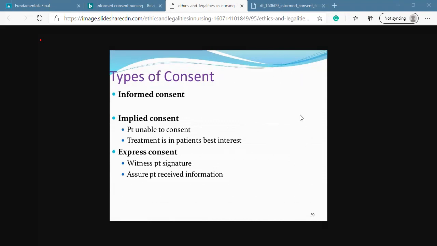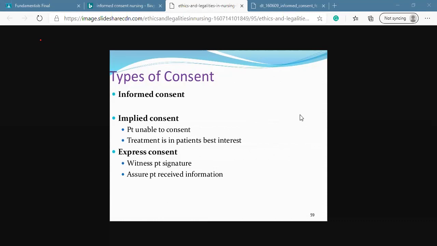Now the question comes: what are your roles or responsibilities as an RN? We make sure the provider gave the patient all of the information and ensure the patient is competent to give informed consent. That is, the patient is an adult, or they are an emancipated minor, right?